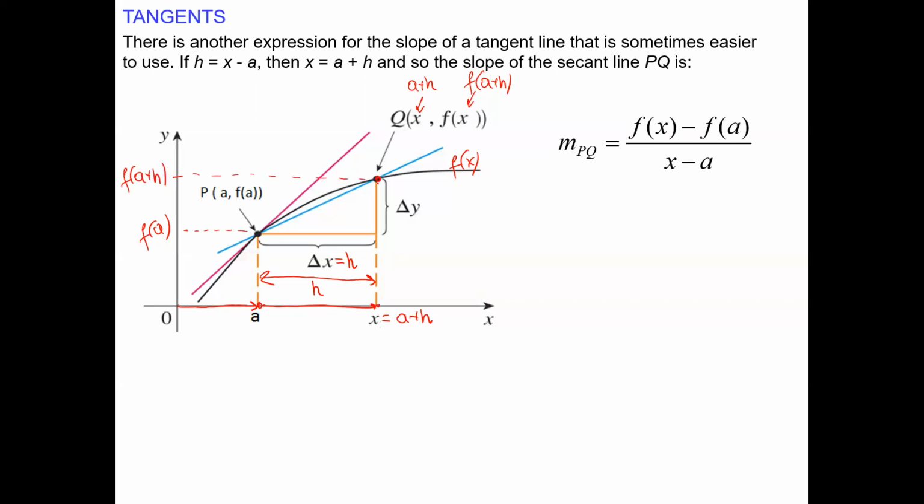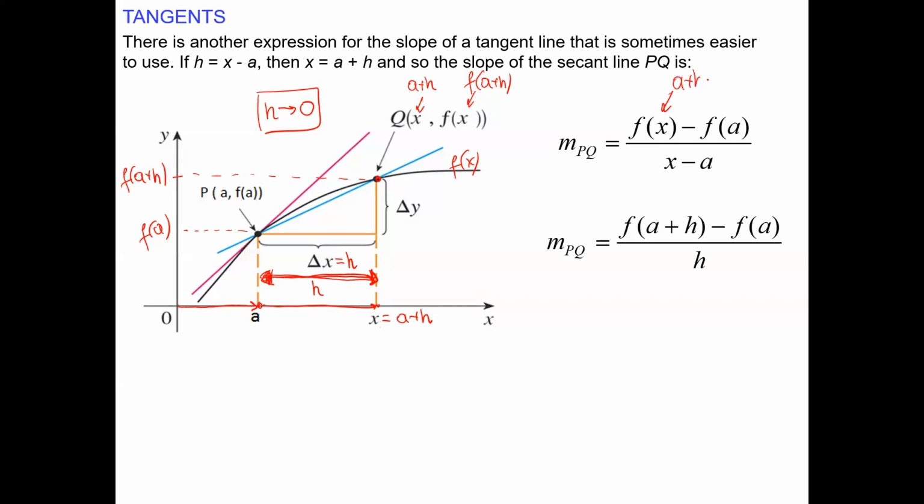Since we remember this distance is supposed to be tiny, small, that means h is approaching 0. It's getting smaller and smaller in order to get the slope of the tangent line. If I replace x with a plus h, a and a will cancel out and only h will stay.